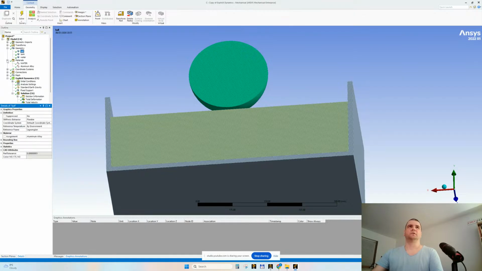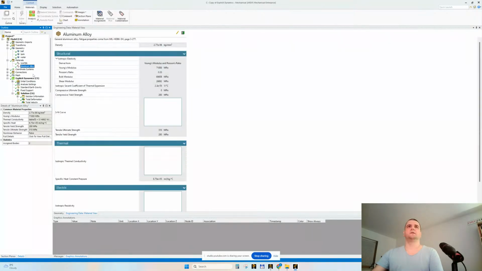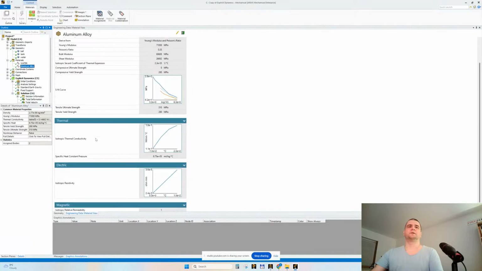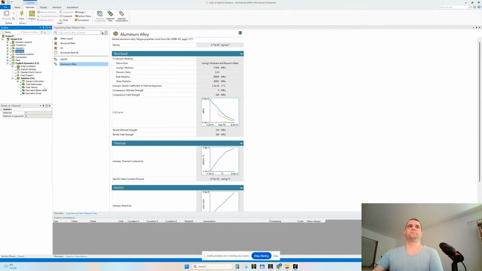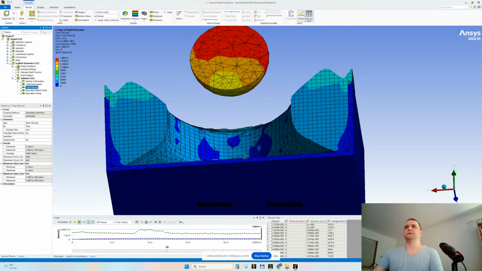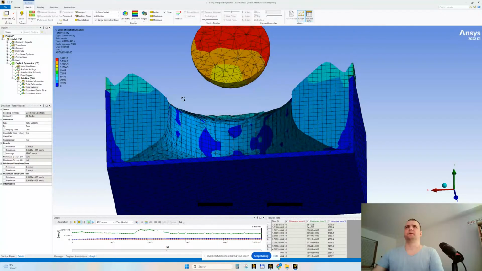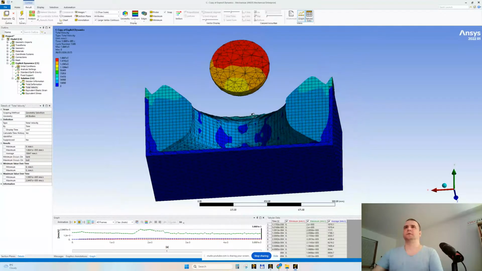Default aluminum means an aluminum without plasticity. Watch my previous stream regarding plasticity and Riemann deformation, and you will see there how we apply plasticity. It's very easy.